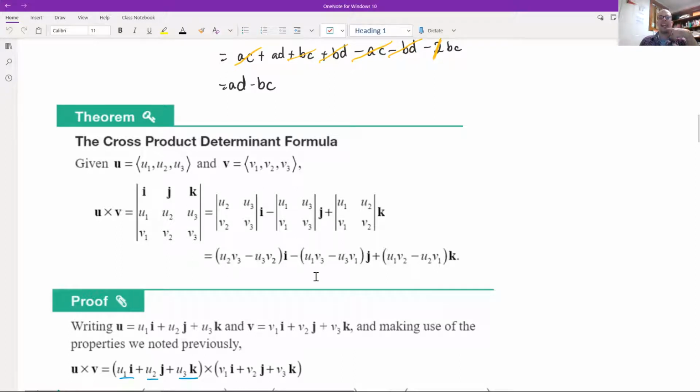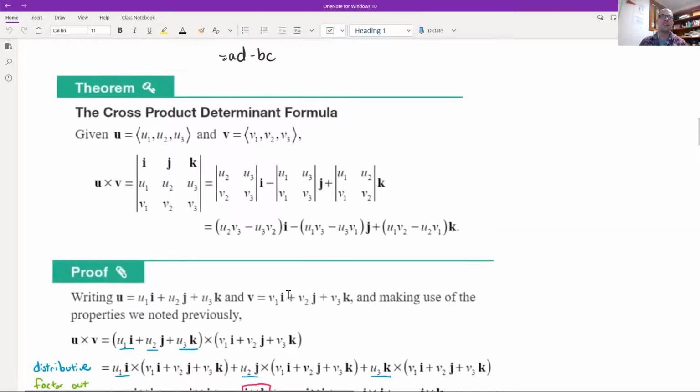And in the end, the result is actually a vector, because really this 2x2 determinant determines the weight on i hat, meaning that this gives us the X component of our vector, this is the Y component of our vector, and this is the Z component of our vector. So this is just like an expanded form of writing one vector down.